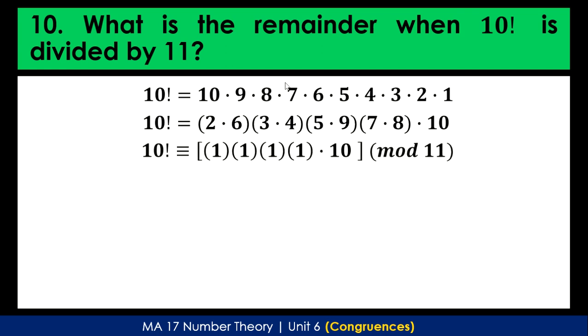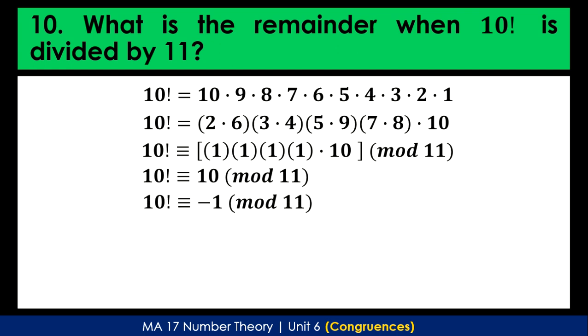So we can express that as: 10 factorial is congruent to 1 times 1 times 1 times 1 times 10 modulo 11. Simplifying, 10 factorial is congruent to 10 modulo 11. Its negative residue is 10 minus 11, that's negative 1.